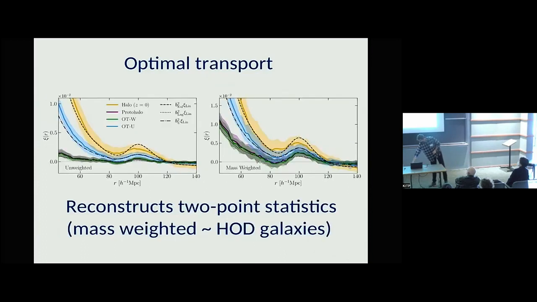Okay, do I have the right page? Yeah. So this is a picture of the 2-point correlation function of the halos. The yellow is the 2-point correlation function of the halos at redshift 0. The dashed line is what linear theory would have been.